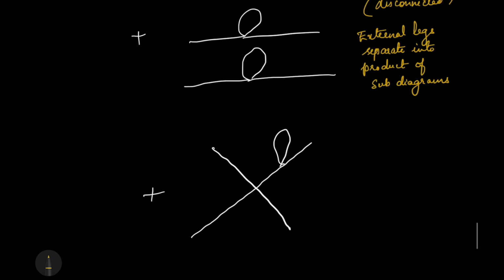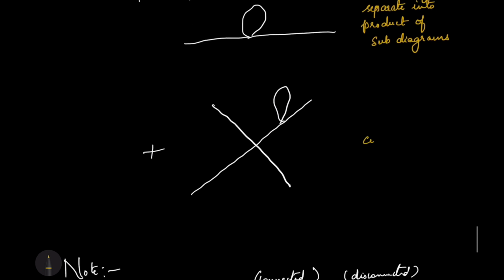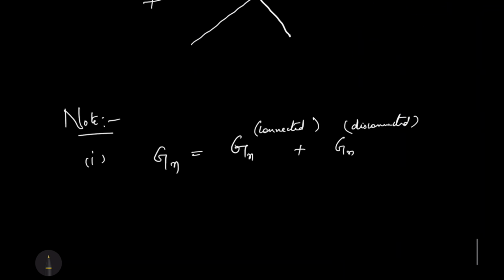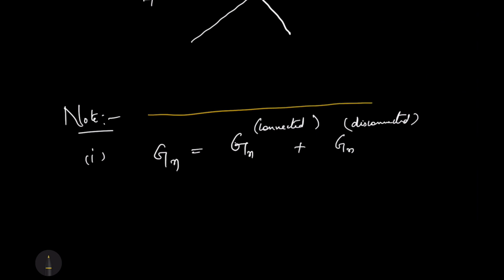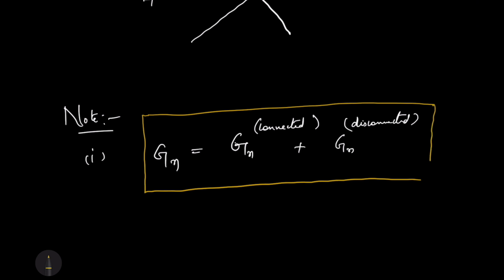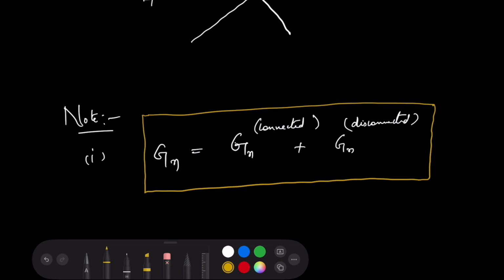Okay, and this is also a connected diagram. So we can say that the endpoint function can be written as the sum of connected diagrams plus the disconnected diagrams. Okay, so that is the first thing that you have to note.